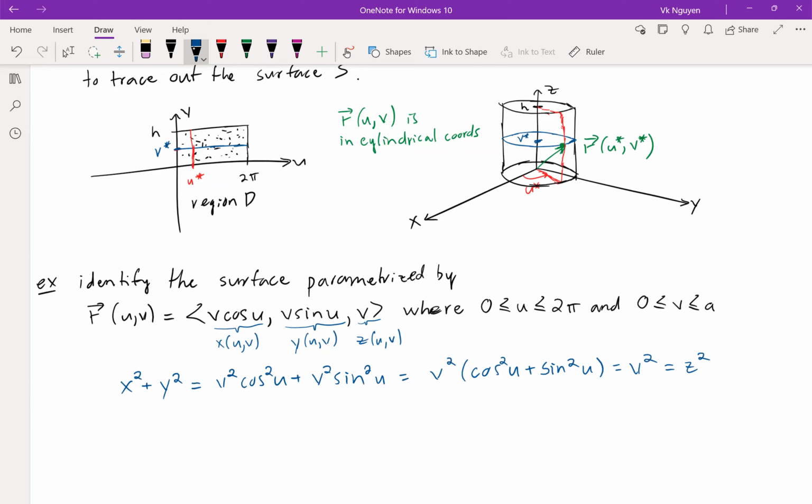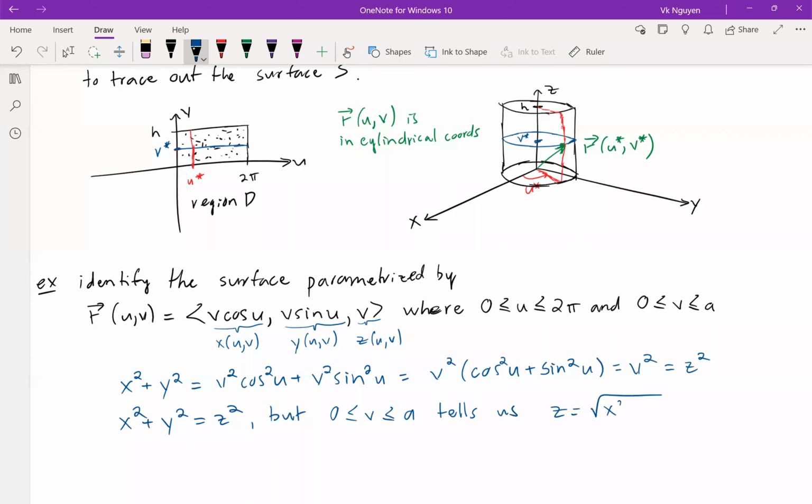However, v is only between 0 and a. But 0 less than or equal to v less than or equal to a tells us z can only be positive. Right?